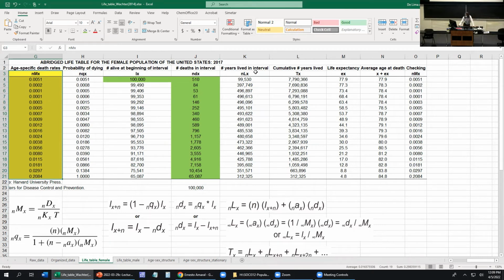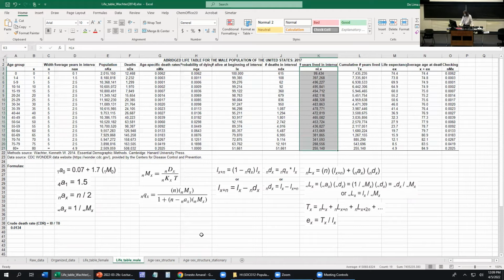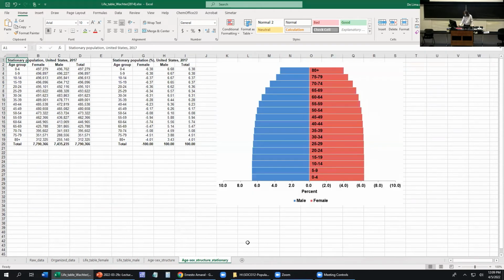You just get this column here, and you treat it as the size of your population, because that's the number of person years that people live in the interval. So we get this for women and for men, and I put it here in this other tab.